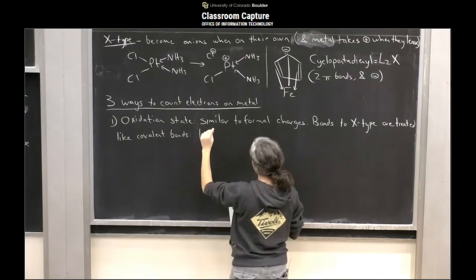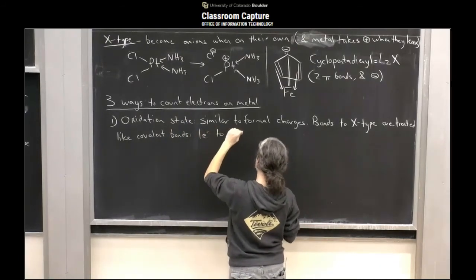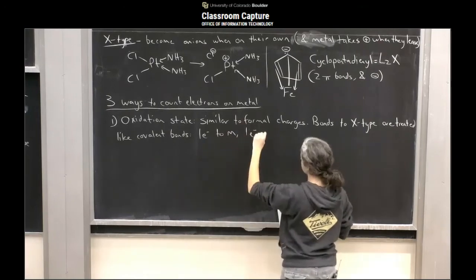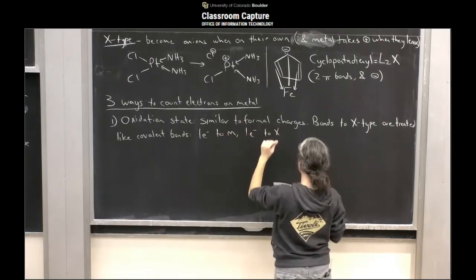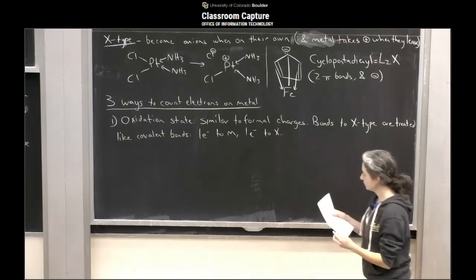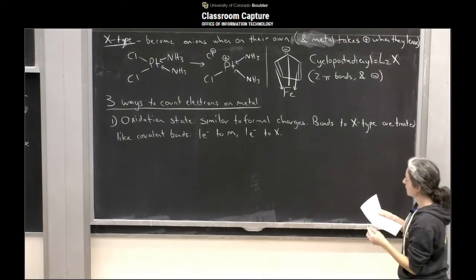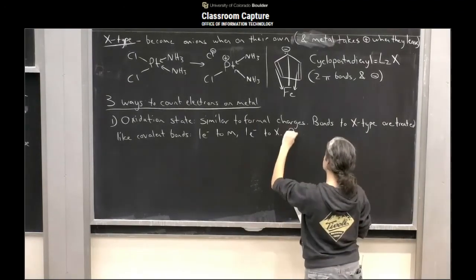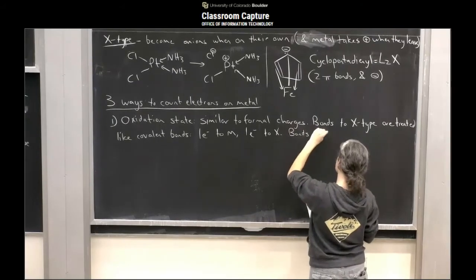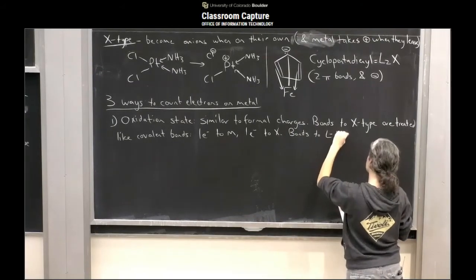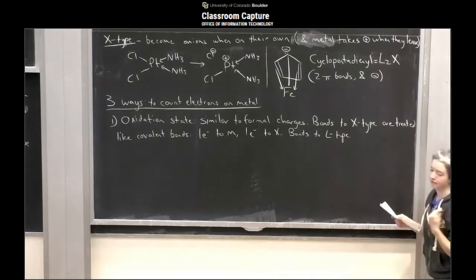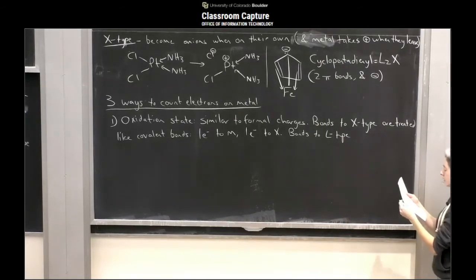So one electron goes to the metal, one electron goes to the X-type ligand. L-type ligands have both electrons counted towards the ligand.